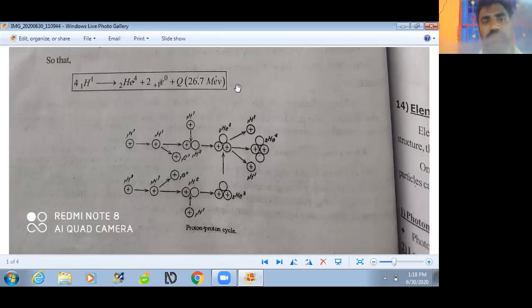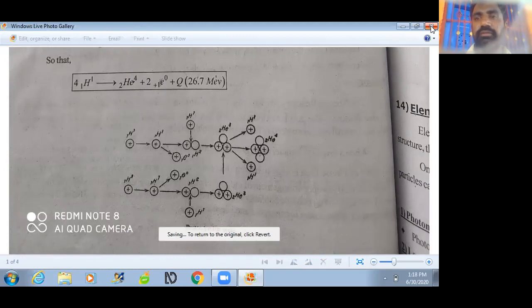Then again we have another slide, another cycle, that is the carbon-nitrogen cycle. Here also, carbon elements are fused together. Carbon combines with a proton and forms a neutron.